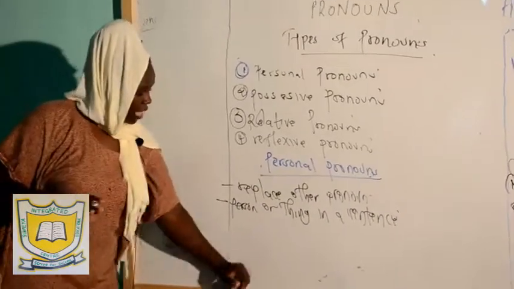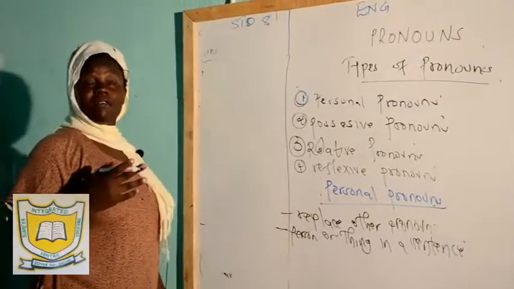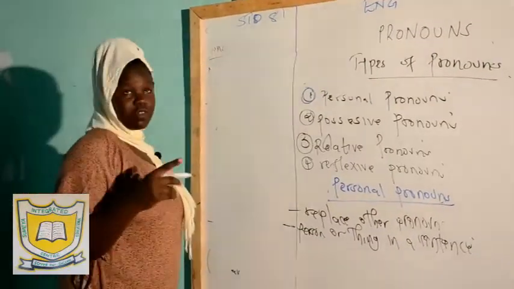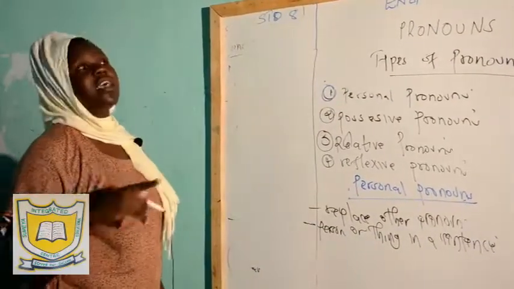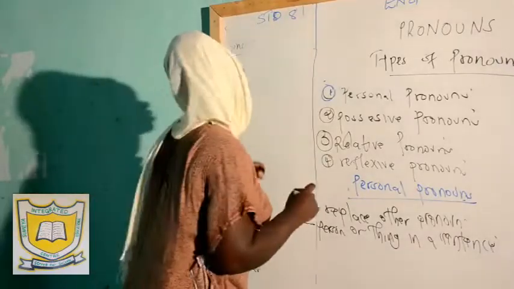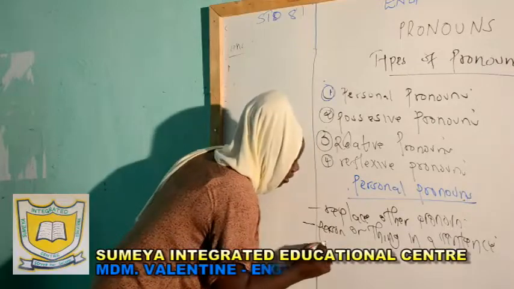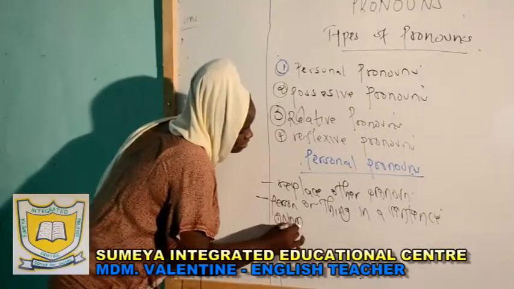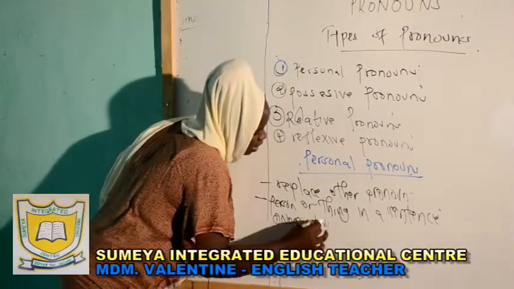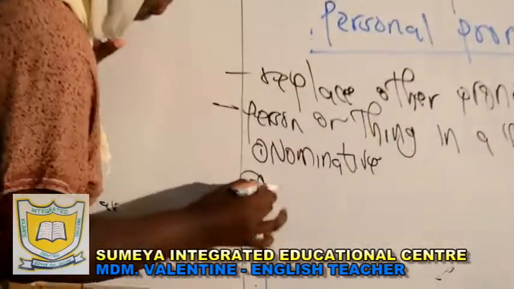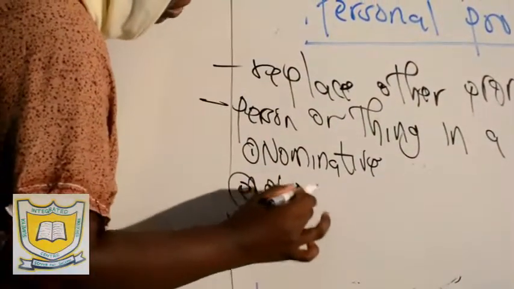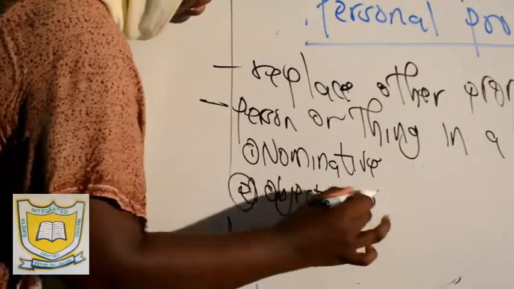Now, personal pronouns are further subdivided into 2 groups: nominative personal pronouns and objective personal pronouns. Number 1 is what we call nominative personal pronouns, and number 2 is what we call objective personal pronouns.